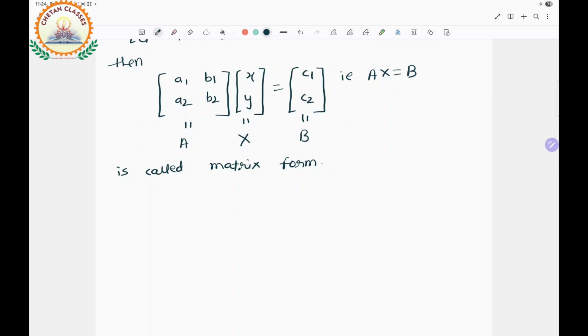So next, the solution of simultaneous equations by the matrix inversion method.